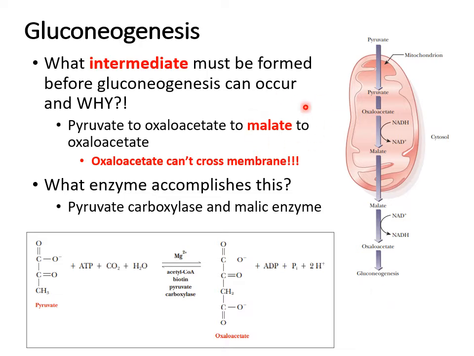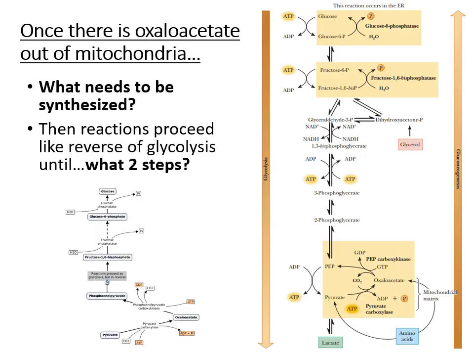So please remember that malate is an intermediate that allows for crossing the mitochondrial membrane so that we can then have the oxaloacetate outside in the cytosol where we need it.